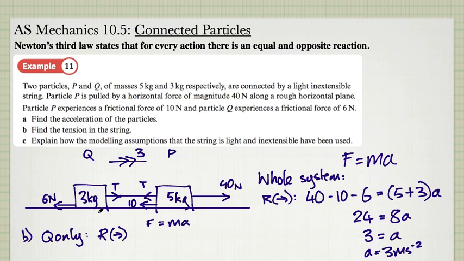So forces acting on Q, forwards is T and backwards is 6, equals the mass of Q on its own times the acceleration of Q on its own. Well, the acceleration of the whole system. So that gives me T minus 6 equals 9. So T equals 9 plus 6, 15 newtons. So that's the tension in the string is 15 newtons.